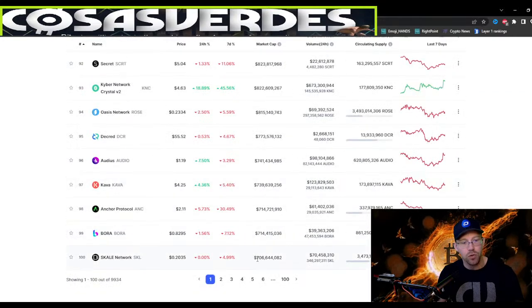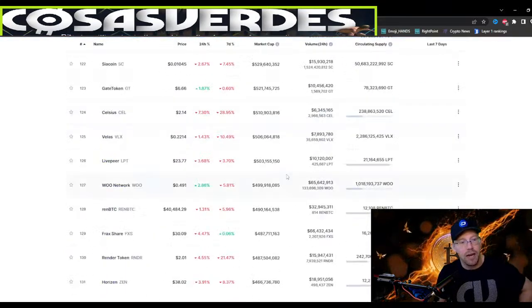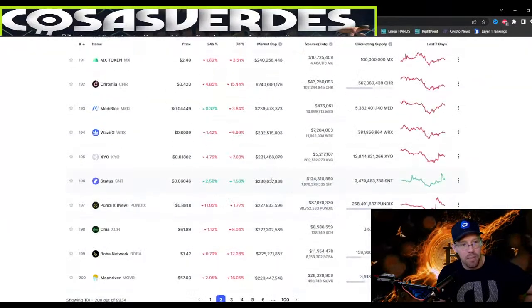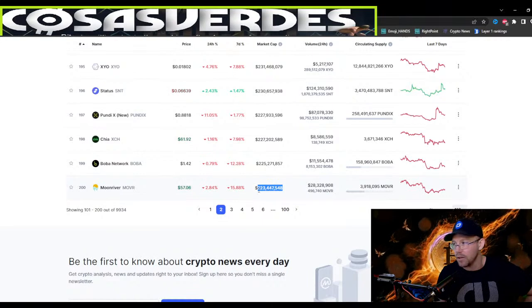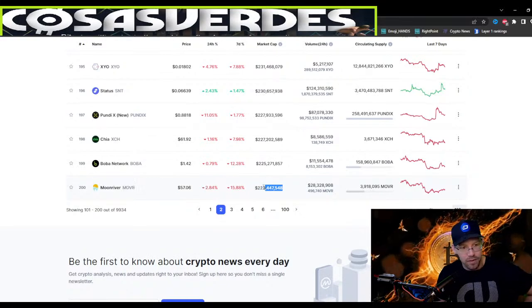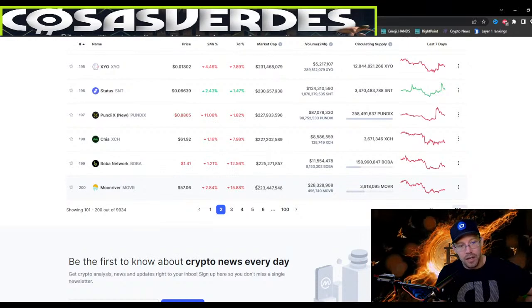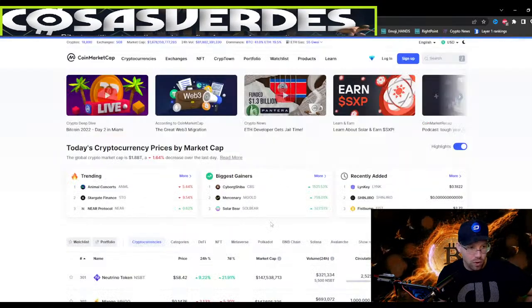Another way to say this is, once Bitcoin gets to 100K, all of these market caps would go way more than 3x. This is the 200th largest coin, but it would actually probably be page 4.